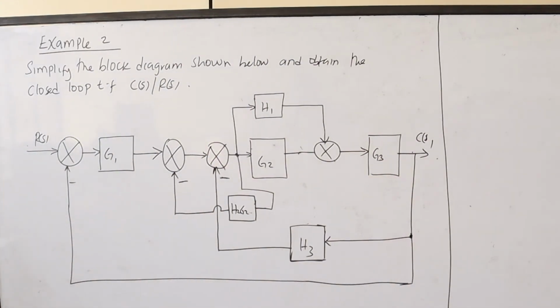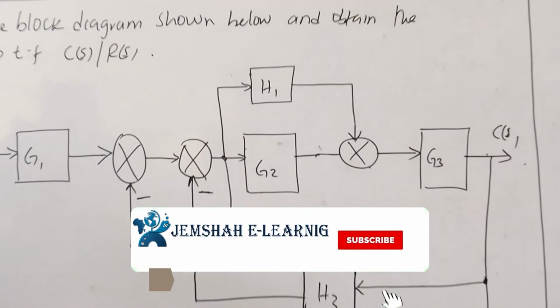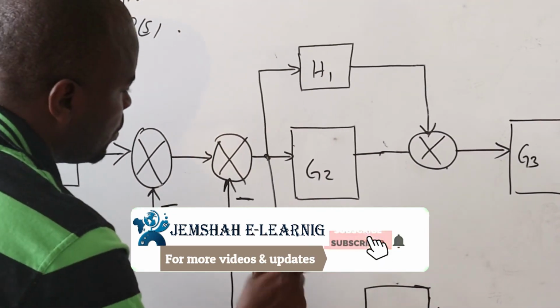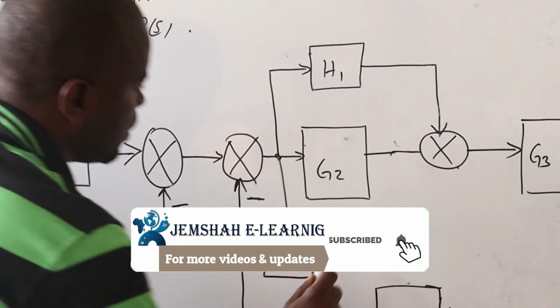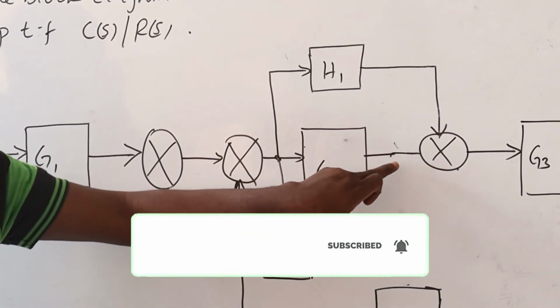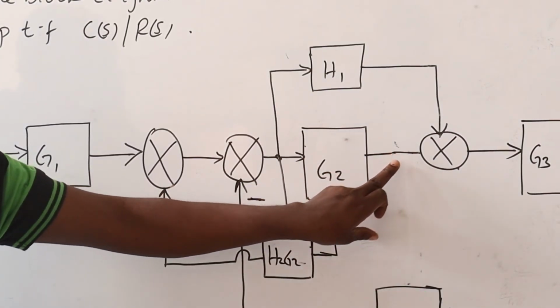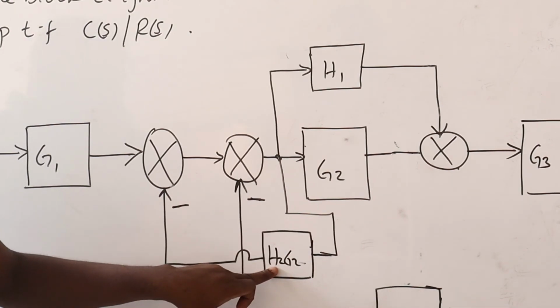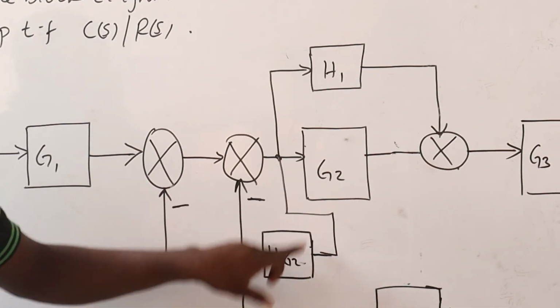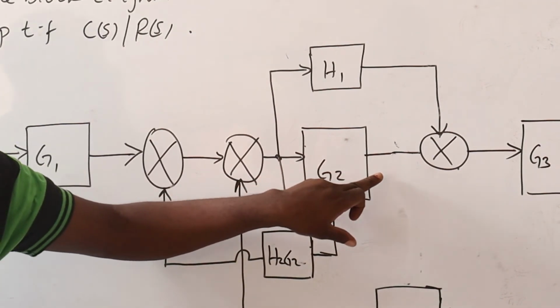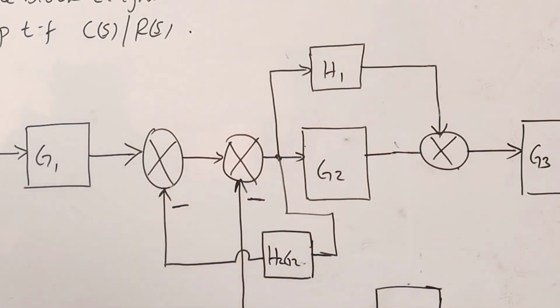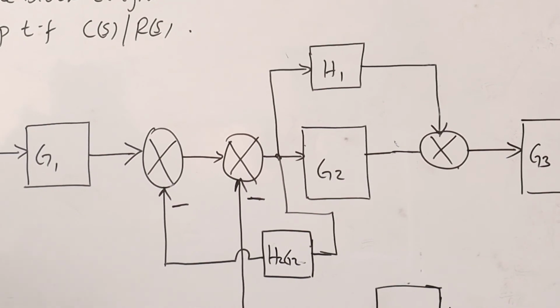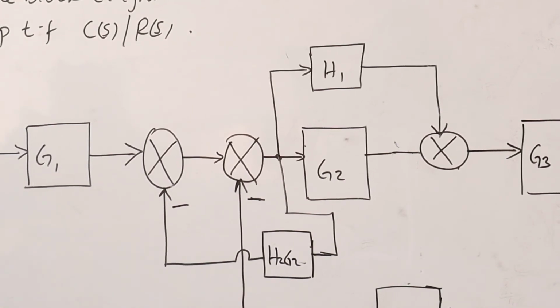What changes is that the pick-off point was initially at that point and we have moved it to this one, so we multiply that particular loop by G2, because it was a signal that had been amplified by the forward element G2, and therefore we must include G2. So that is the first step.